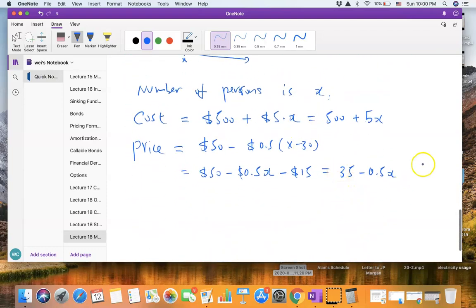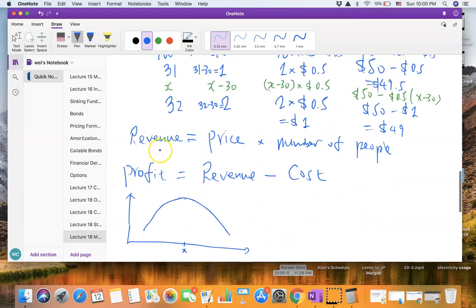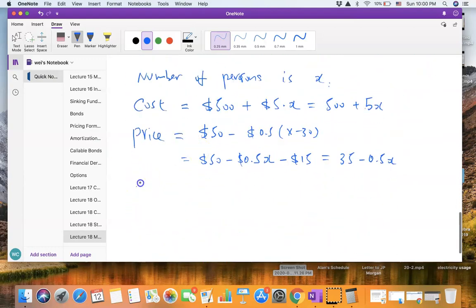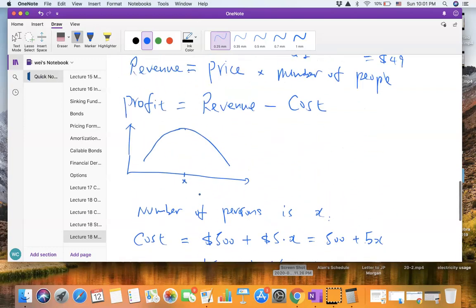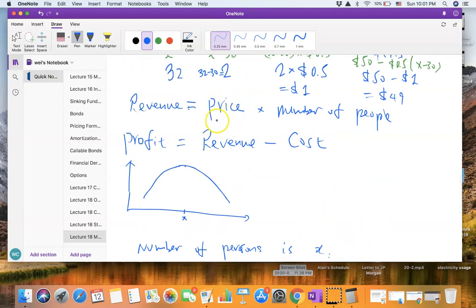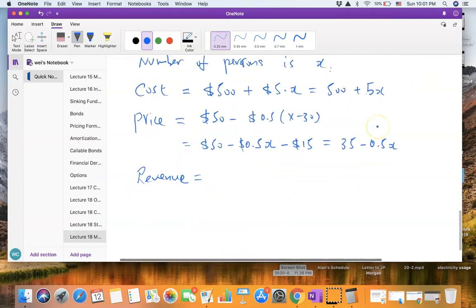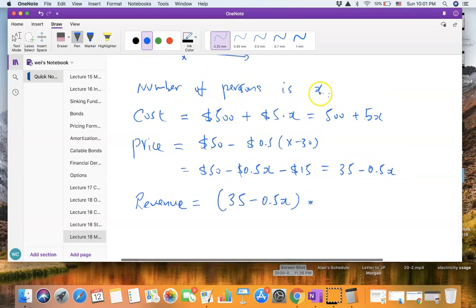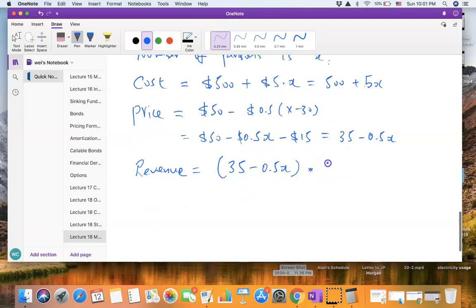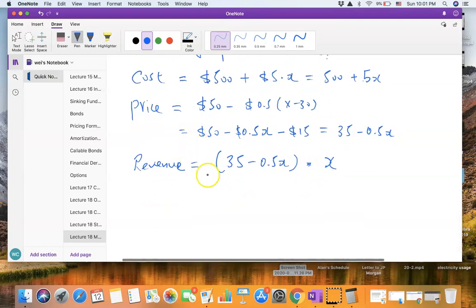Okay, so once we figure out how to write the price, the revenue equals the price times the number of people, so the revenue will be 35 minus 0.5x times, because we said right now there are x people, so times x, which is 35x minus 0.5x squared.